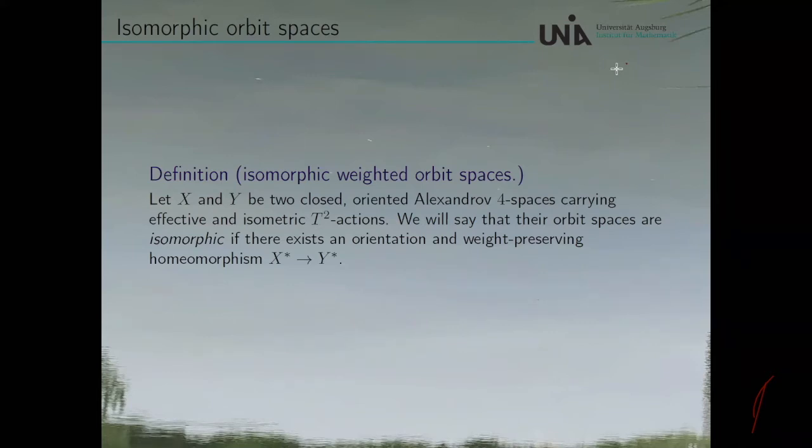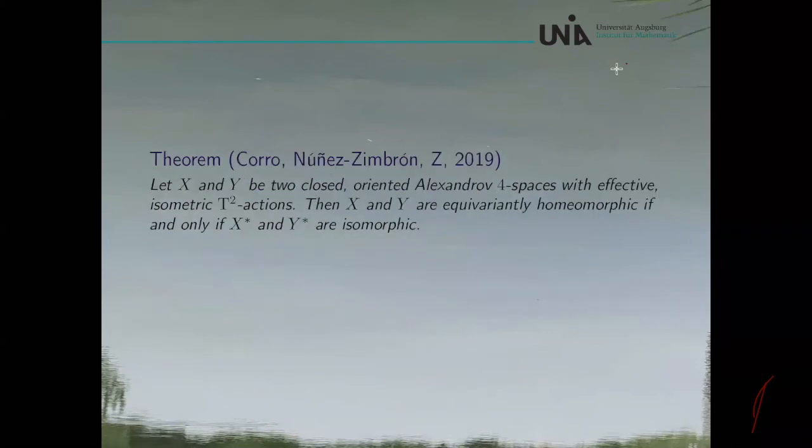Okay, now with that, we have this theorem which says, assume we have two closed oriented Alexandrov spaces with effective isometric actions. X and Y are equivariantly homeomorphic if and only if X star and Y star with those weights are isomorphic.